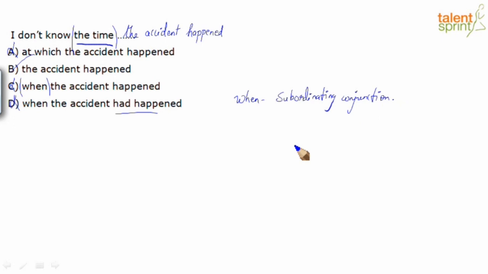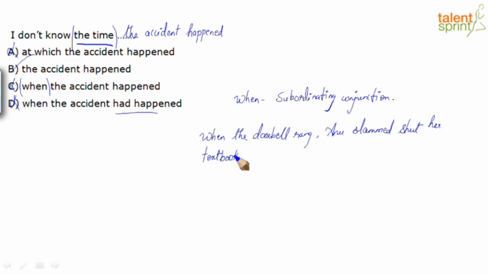kind of always gets associated with a dependent clause. I'm sure you understand dependent clause, independent clause. Let's quickly look at an example. If I say, when the doorbell rang, Anu slammed shut her textbook and rose to pay for her pizza.